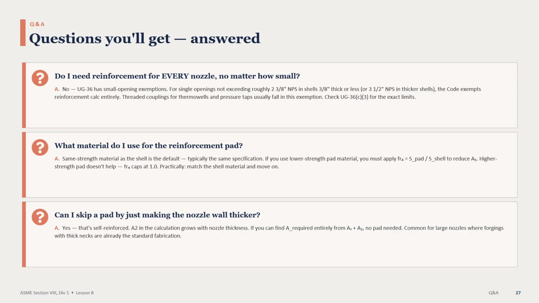This is common for large nozzles where forgings with thick necks are already the standard fabrication. It's cleaner, avoids the pad crevice, and is preferred for cyclic and corrosive service. Costs more upfront though.